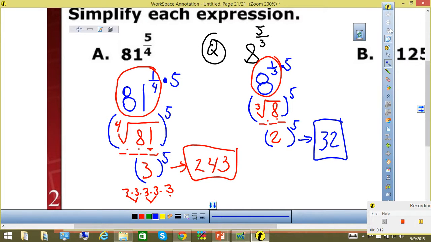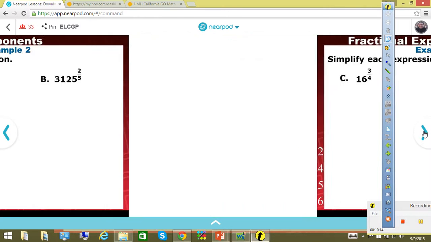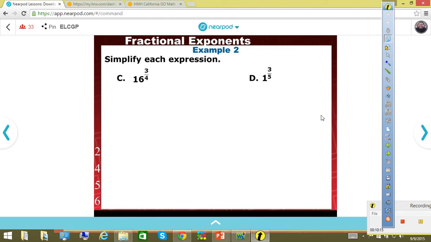All right. Let's do some more practice. I'm going to skip that one for right now. Copy these two, please. See if you can do those two by yourself. I'm going to push the screen to you right now for Nearpod, and you can send me your answers once you're done.